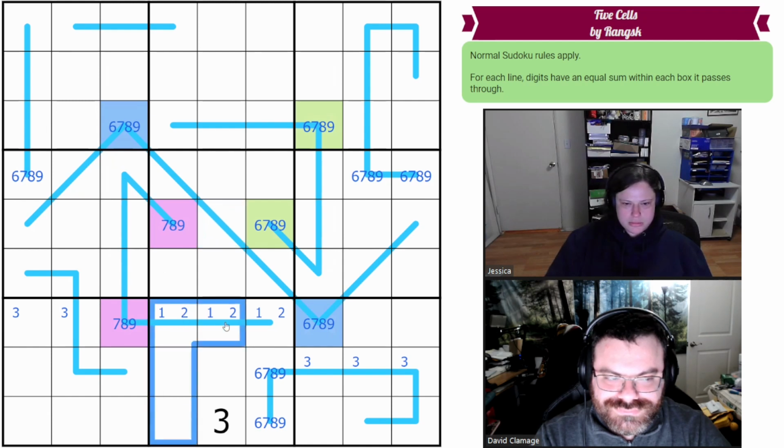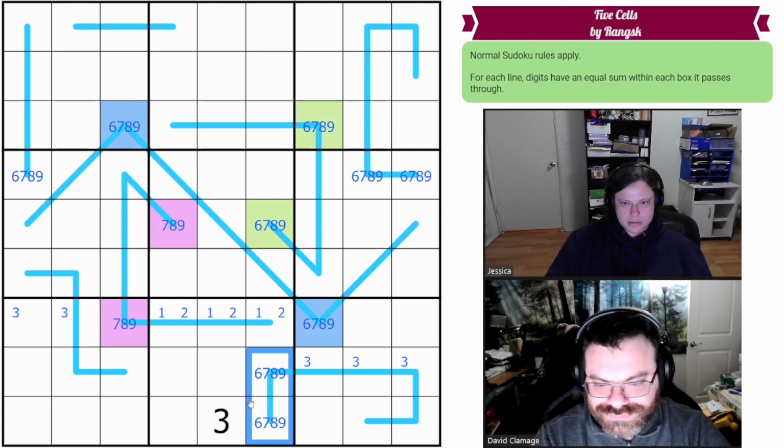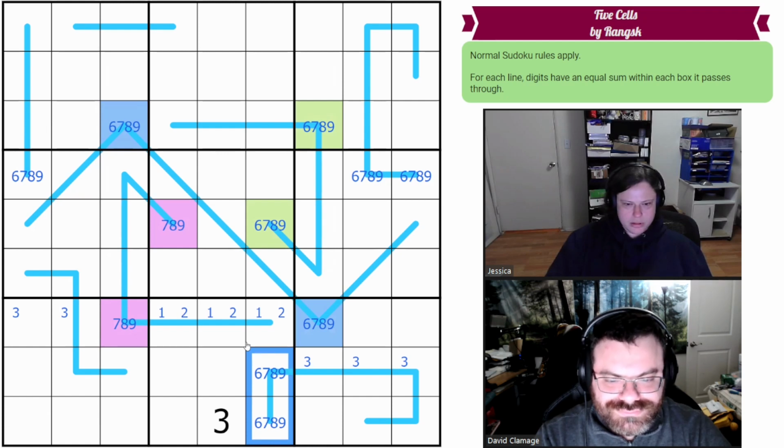So neither of these is green. I only get one more color. But they certainly could be purple very happily. In fact, at least one of them has to be blue or purple. I don't know if that helps me.